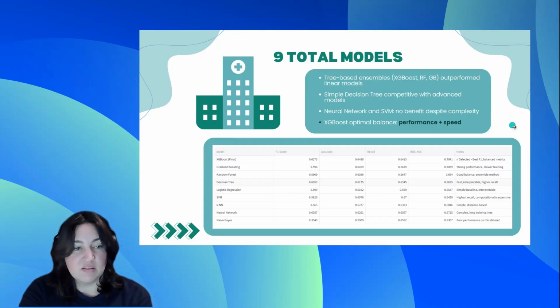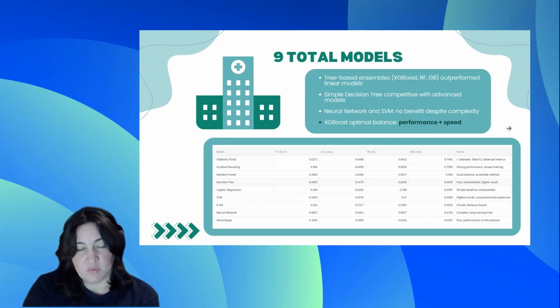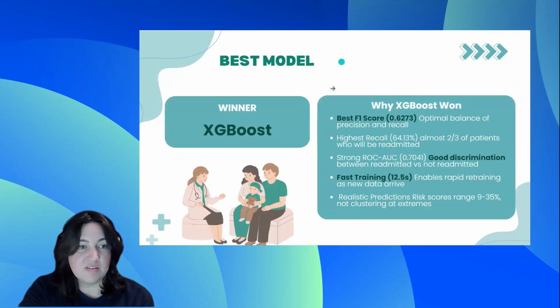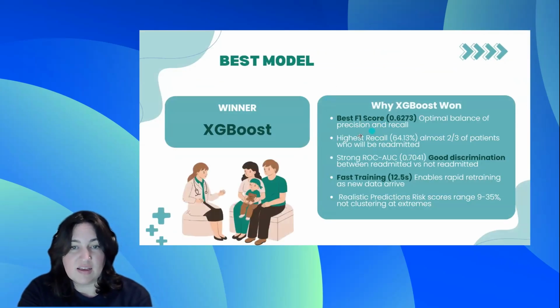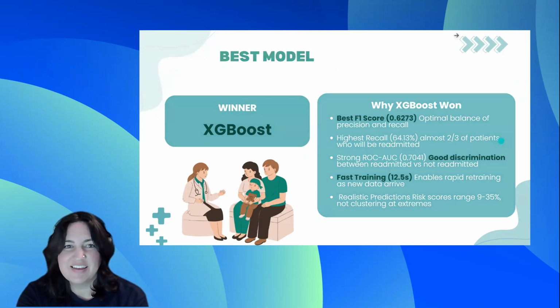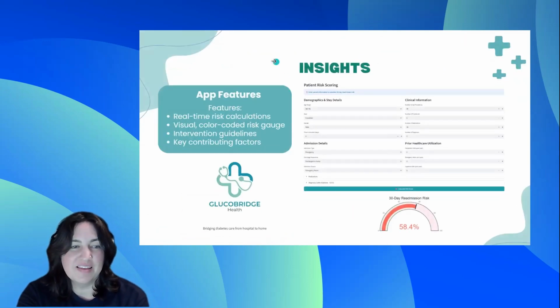Looking through the different ones, this definitely worked best for the balanced metrics. So the winner was the XGBoost. That gave me the best scoring for precision and recall. And it still had good discrimination for ROC-AUC, and it was fast to train. So I went ahead and moved forward with that model.